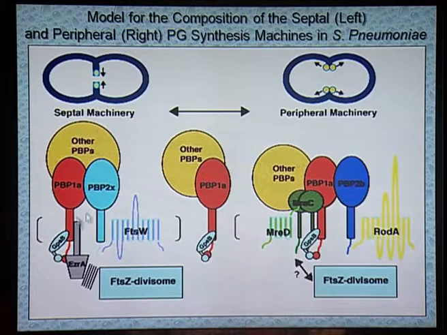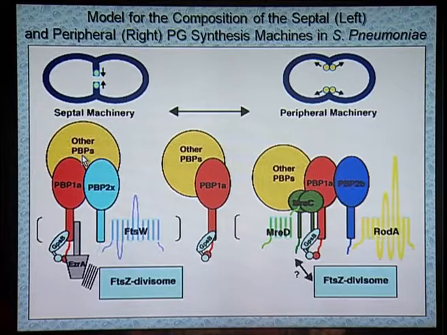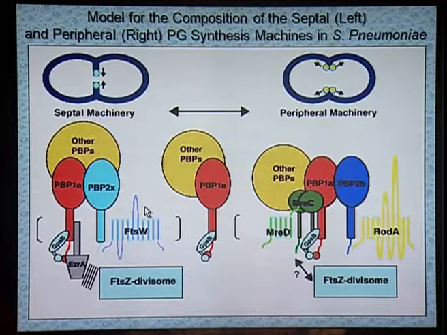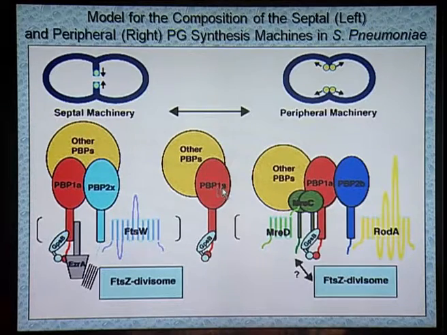Now, let us consider the proteins here. PBPs stands for penicillin binding proteins. Now, these are principal proteins seen in most of the bacterial rod-shaped cells. We are seeing them here in case of even the coccal cells. Now, PBPs are of several types. PBP1A, GpsB, these two, and other kinds of PBPs are the common factor that you see in the septal machine and in the peripheral machine.